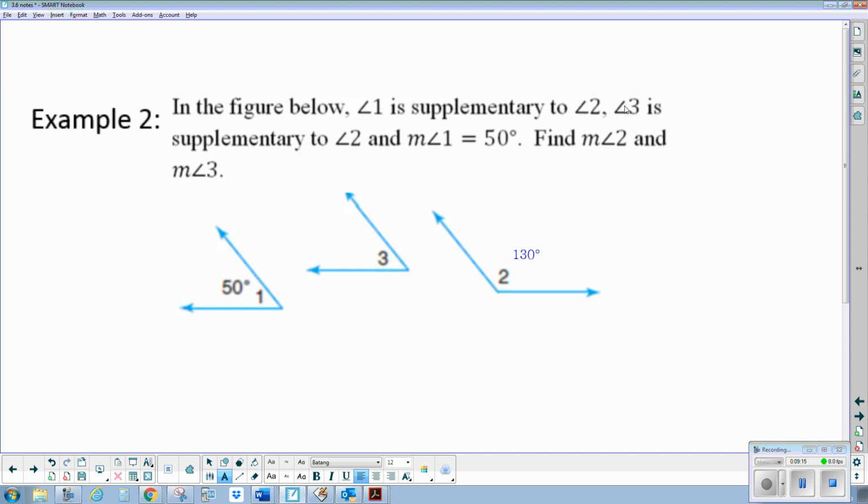Then it says angle 3 is supplementary to angle 2. So 3 and 2 together are supplementary. They have to add up to 180. So 3 plus 2 equals 180, so the measure of angle 3 has to be 50 degrees.